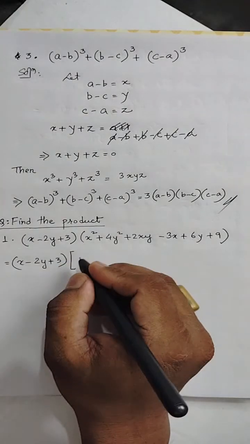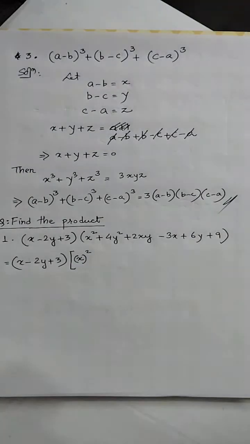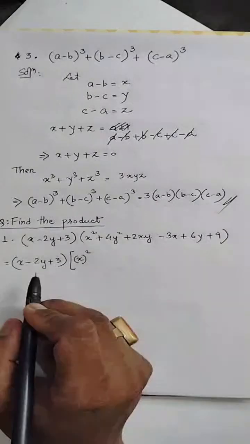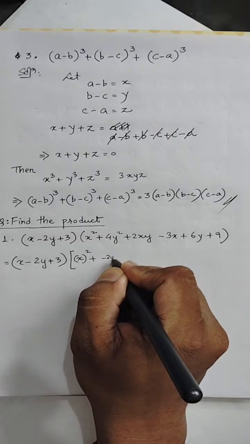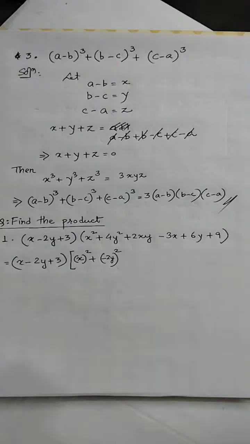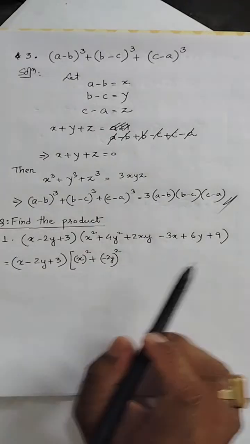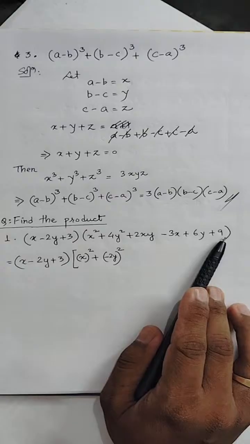So x square can be written as x whole square. Okay, then we have 4y square, as we can see, we can write 2y whole square. And see, just to confuse you, they have written the 9 at the last part of the expression.